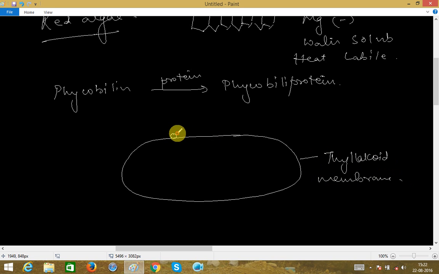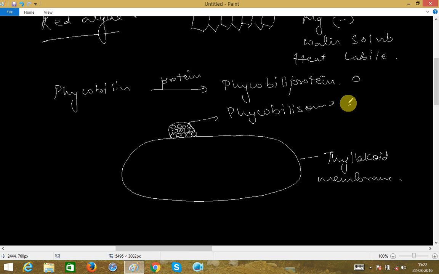Let us say this phycobilin is joined with protein, so they form phycobiliproteins like this. Now these phycobiliproteins will start joining with each other. They will aggregate together, form a group one over the other, and this will form a complex-like structure which is called phycobilisome. Phycobilisome. Always remember.